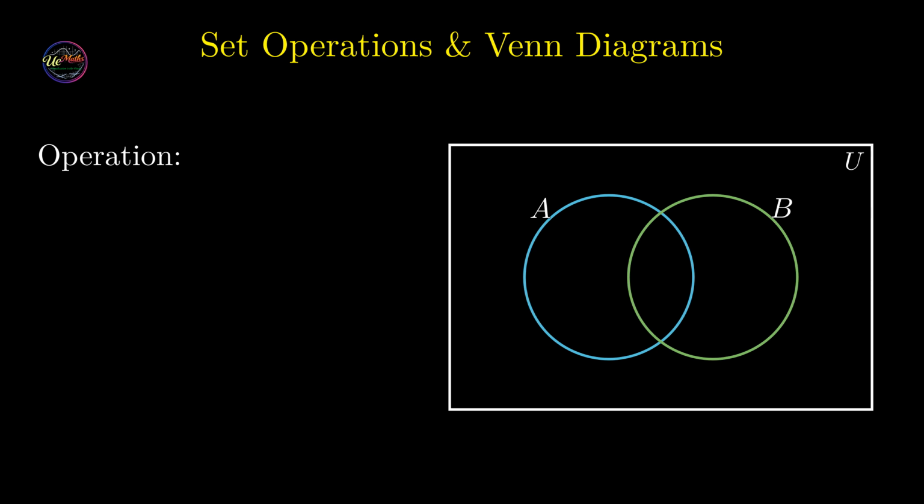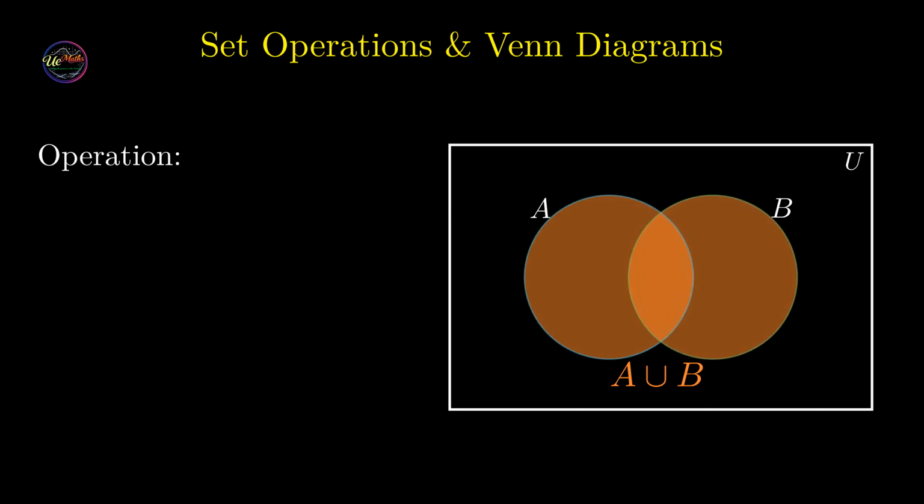We will explore 3 key operations. Union, which combines all elements from both sets. Intersection, which keeps only the elements common to both. And difference, which keeps elements found in one set but not the other. As we go through each operation, watch how the shaded region changes to represent the result.